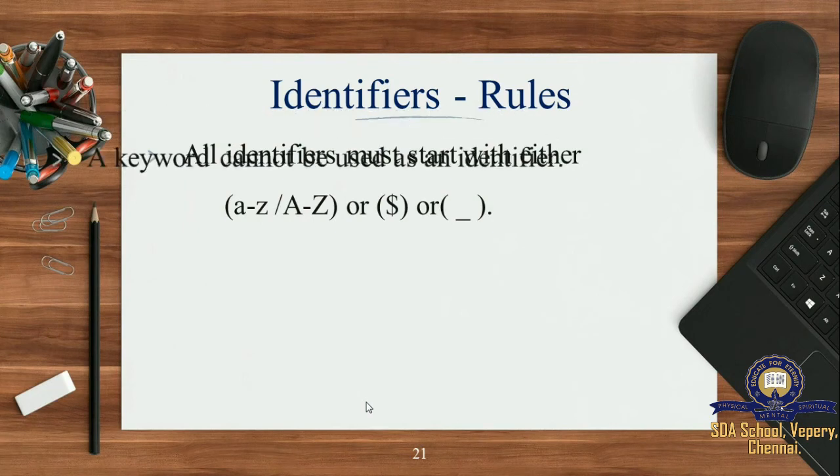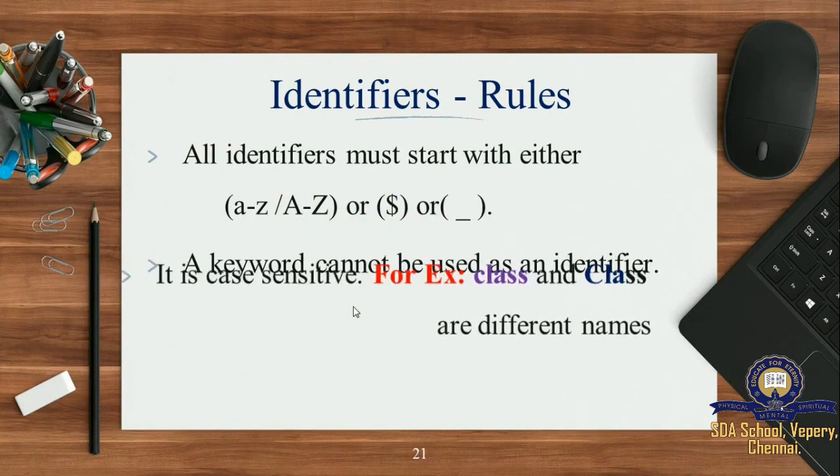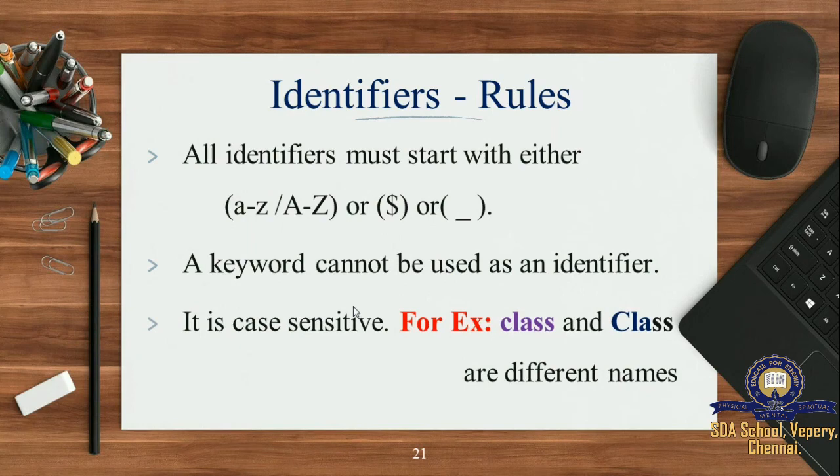But you should not use a keyword, any keywords. For example, print is a keyword. Another one, class is a keyword, so we are not supposed to use the keywords. Okay, it is case sensitive.